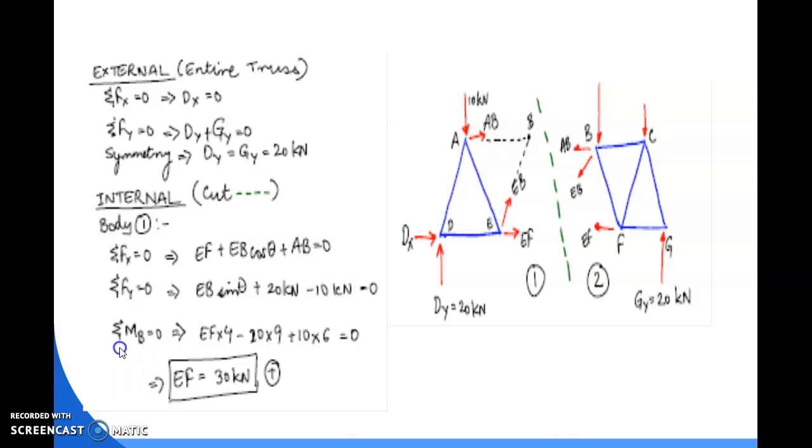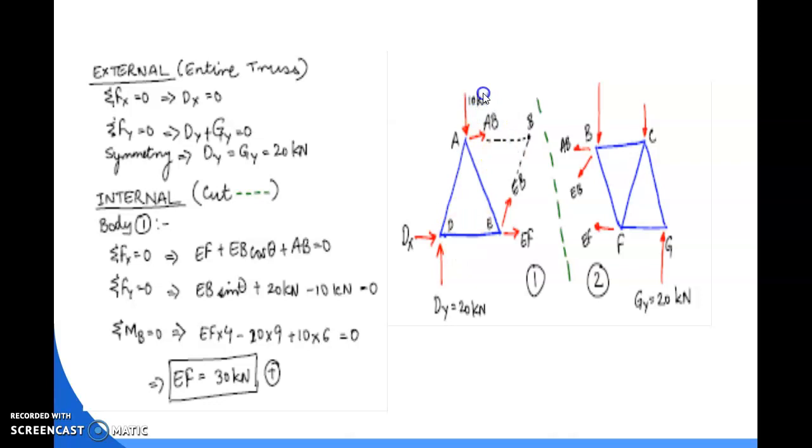So summation of MB equal to 0. And one thing: whenever we calculate the moment about B, we can't take the moment for those member forces which are connected to joint B. You can see member AB and member EB are joined to joint B, so these forces are not considered here. Of the rest of the members, vertical or horizontal, we can consider them for the calculation of moment.